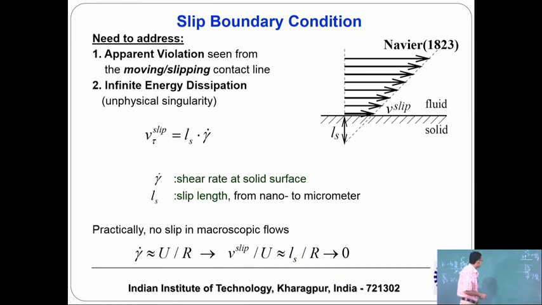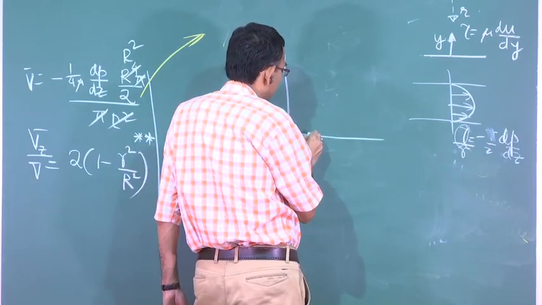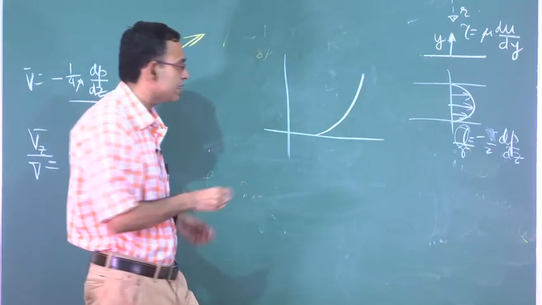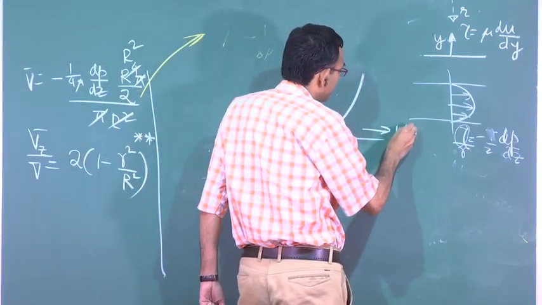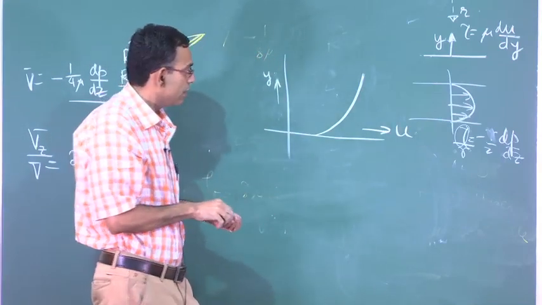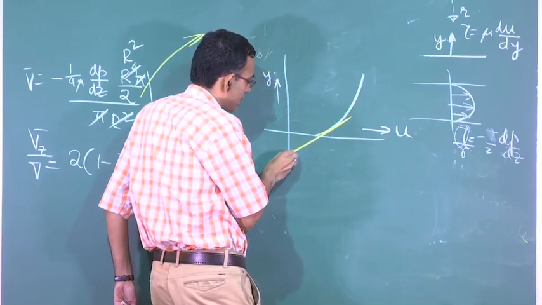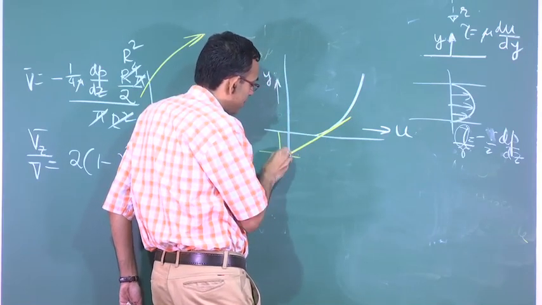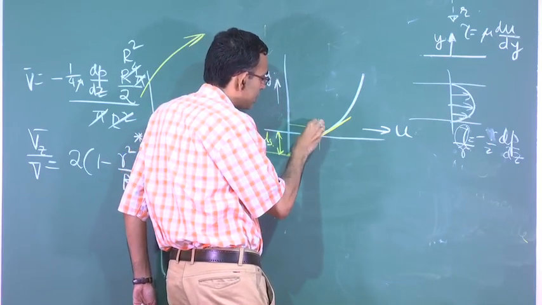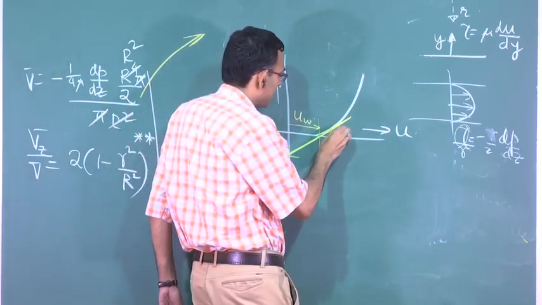So let me draw it with a figure to make you understand better. So you have a velocity profile like this. Velocity profile means here you are plotting velocity, here you are plotting the distance from the wall. So you draw a tangent, this tangent meets here at Ls, this is the velocity of fluid at the wall, and let us say this angle is theta.